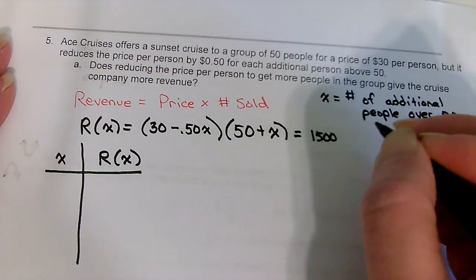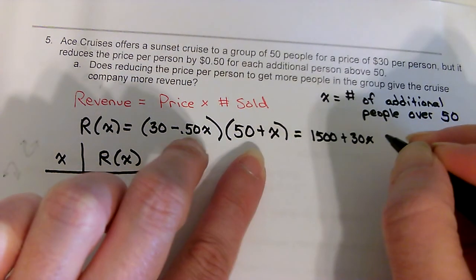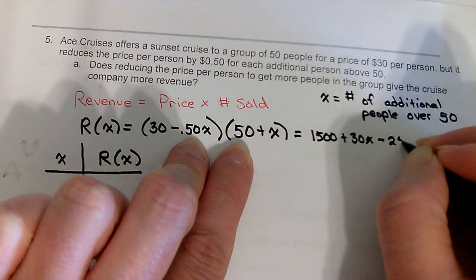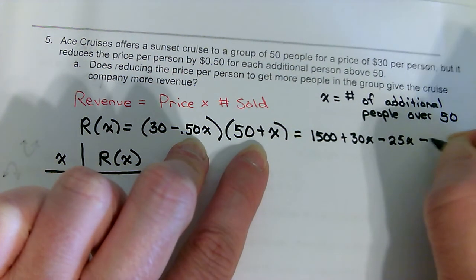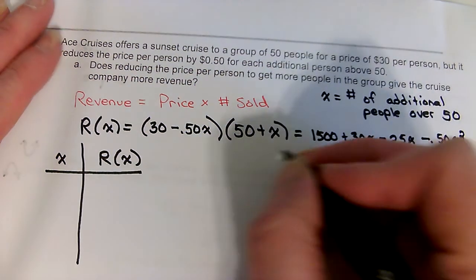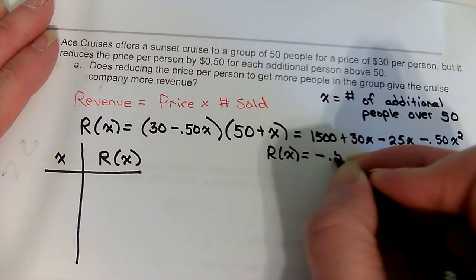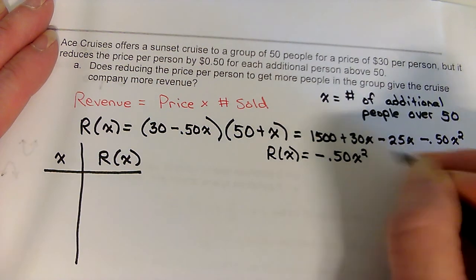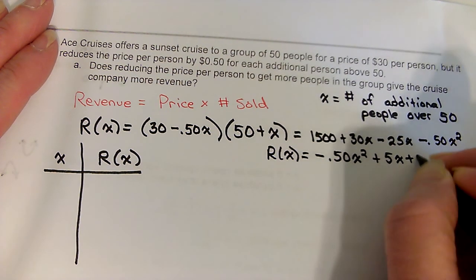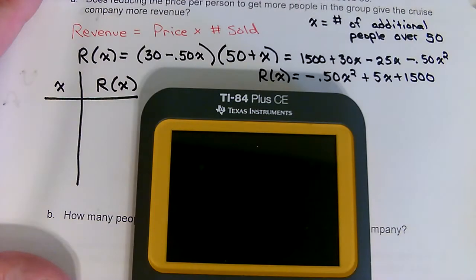That's going to be 1,500 plus 30x, then negative 25x, then negative 0.50x squared. So my revenue function is going to be negative 0.50x squared plus 5x plus 1,500. And I'm going to use my calculator.